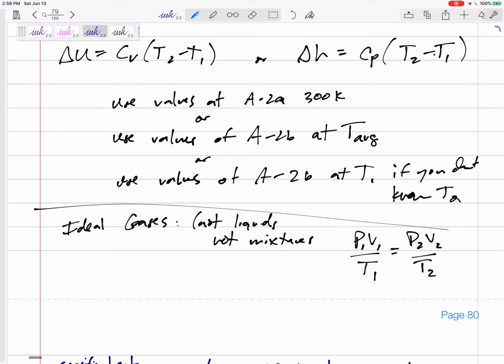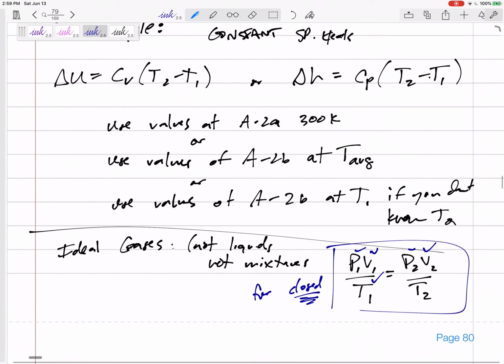So in case you know some of these, maybe you can find T2 by this. This is for ideal gases, closed systems. Sometimes if the pressure is constant, those can cancel out. If the volume is constant, those can cancel out. So let's put that in our back pocket.